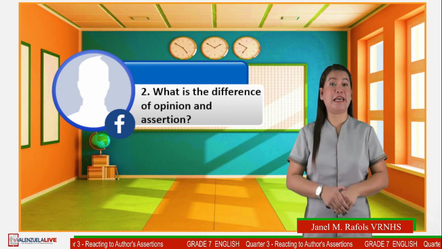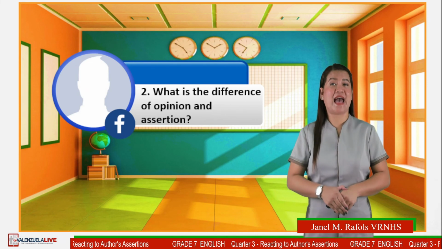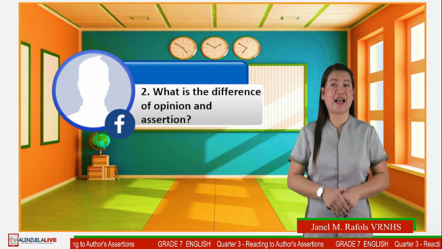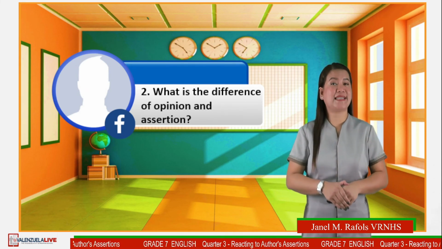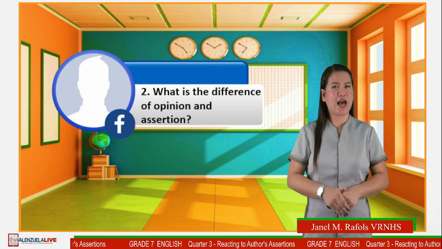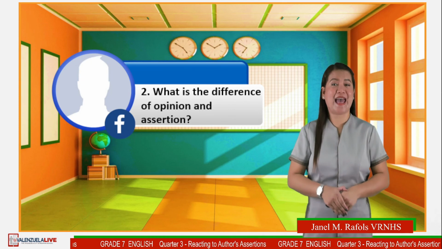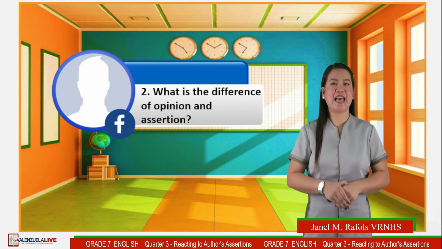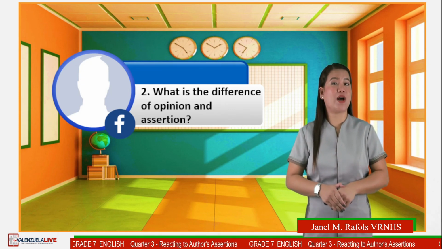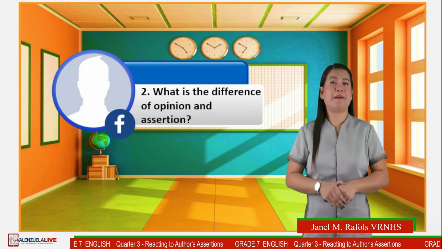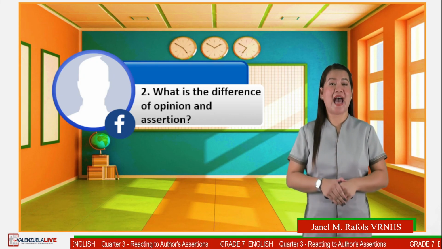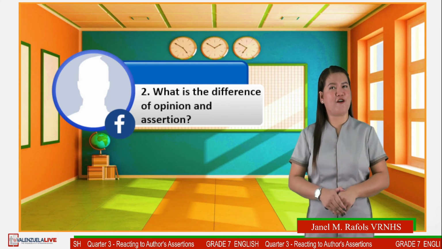If an opinion cannot be proven as true and a fact is true, a statement that is somewhat true and somewhat false is called assertion. An assertion may be somewhat similar to opinion, but it can be proven as true or false.